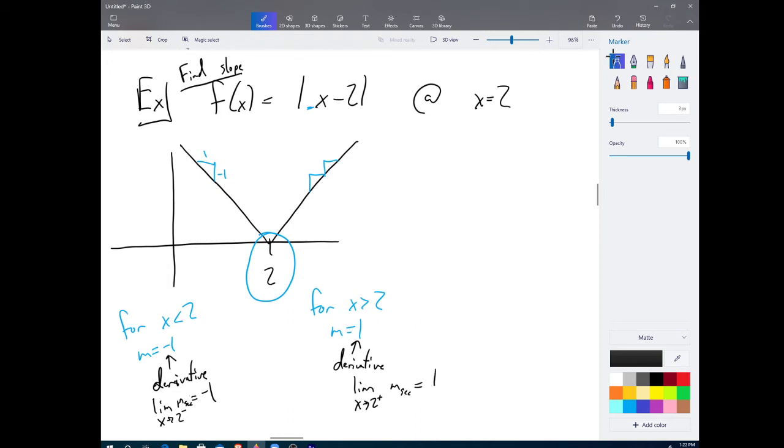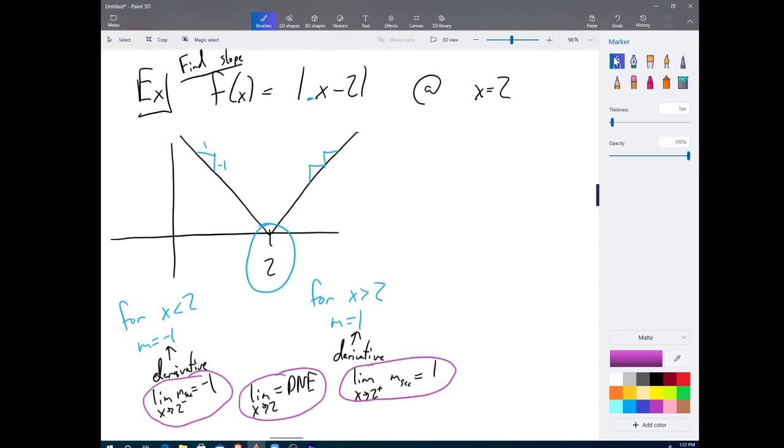It is 1. Your limit, therefore, as x approaches 2 does not exist, because we talked about last week or week before, probably week before, that when your one-sided limits do not equal each other, the limit at that point cannot exist. They have to be coming to the same number.